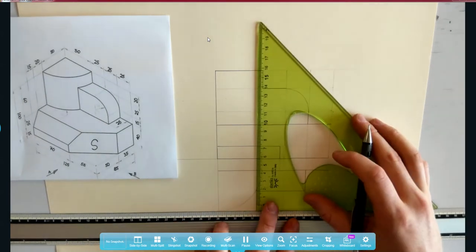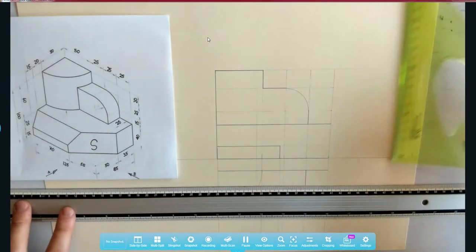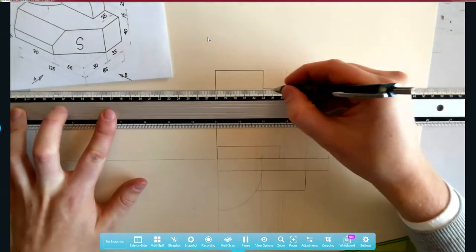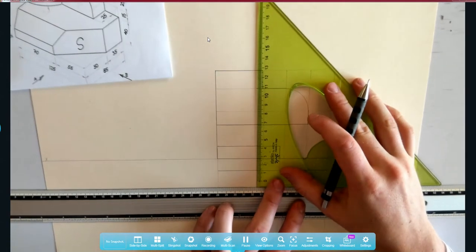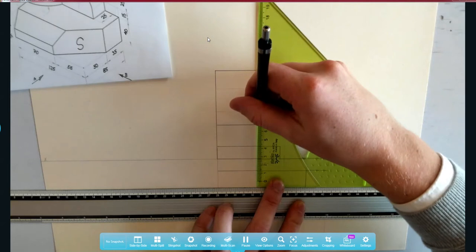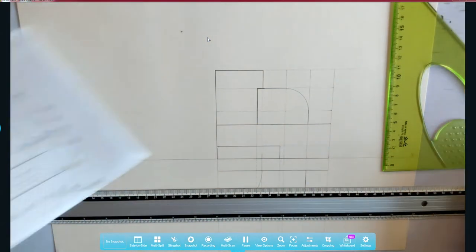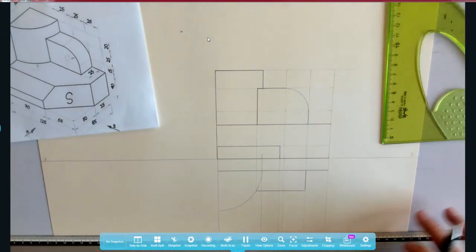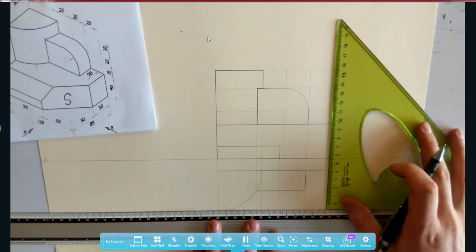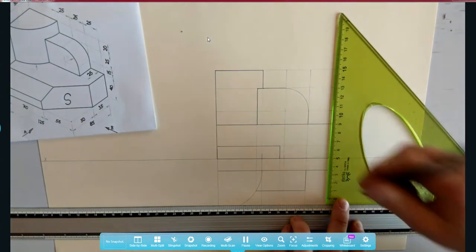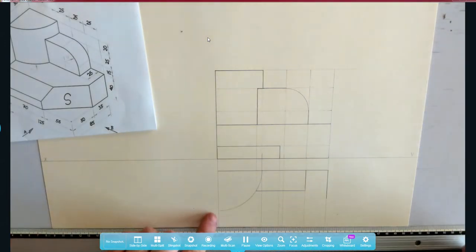Okay, and that now is going to give us this point here. So we're going to come 35 forward now to find this point. We're going to come 20 forward from here.